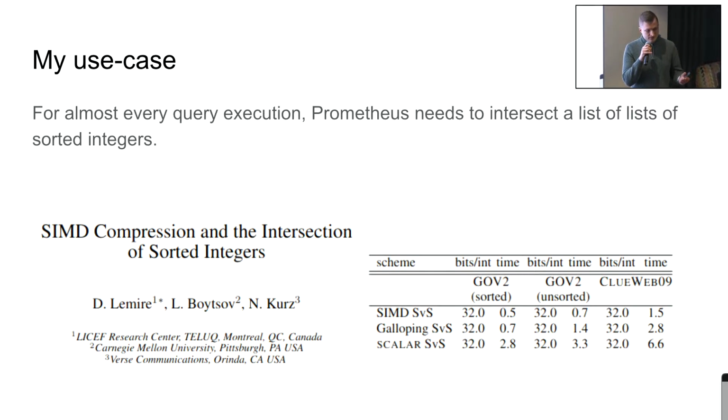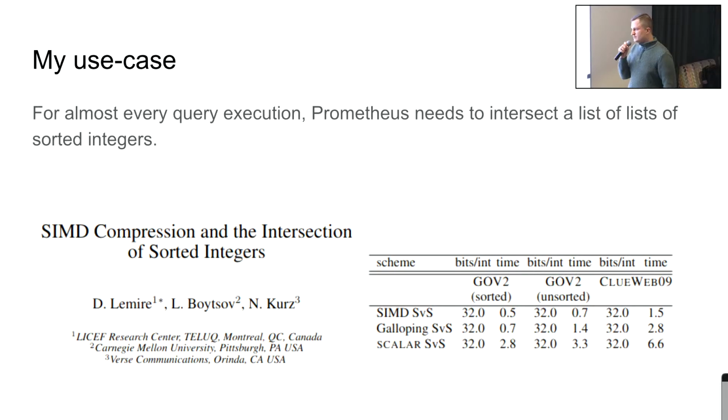In Prometheus, you have this concept of label matchers. If a user sends a query where they want to know where label foo is equal to bar, then Prometheus retrieves two sorted lists of integers and calculates the intersection of them. And this is done during every query execution.